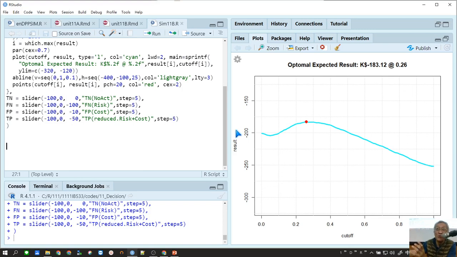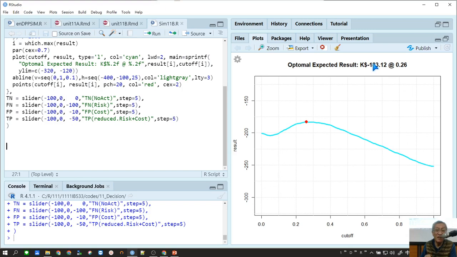And that would help us reduce our cost of risk from 250 to 183, right? That is the power of business analytics. You get the point?